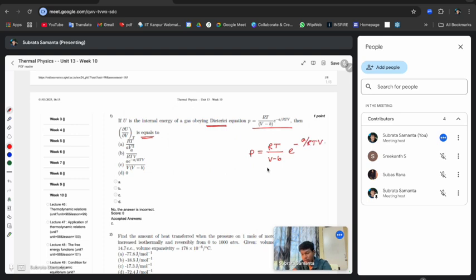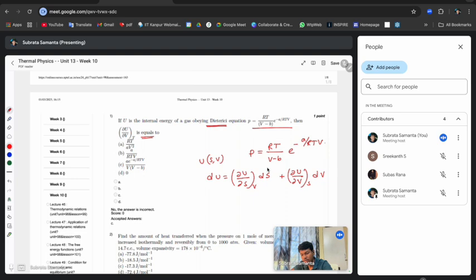In order to calculate ∂U/∂V, how do we do it? First, if U is a function of S and V, then dU is ∂U/∂S at constant volume V times dS, plus ∂U/∂V at constant S times dV. This is the property of the partial differential equation.